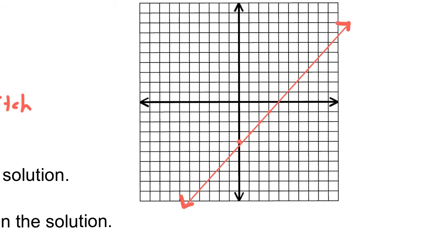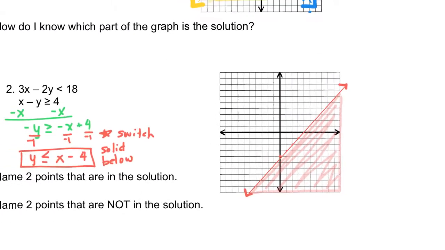Please put your arrows on the end. And on this line, we are going to shade below. So since we're shading below, all of this area right here will satisfy that inequality. Let's go back to our other inequality.